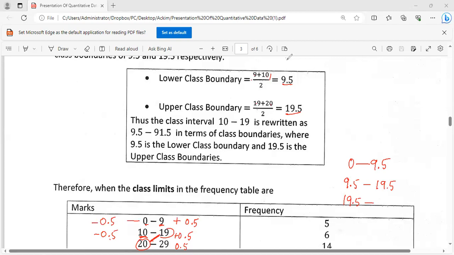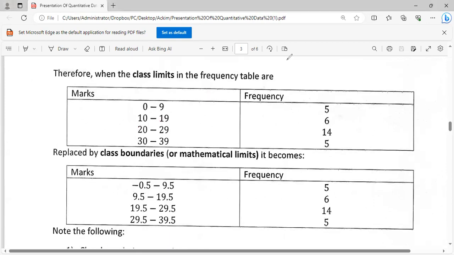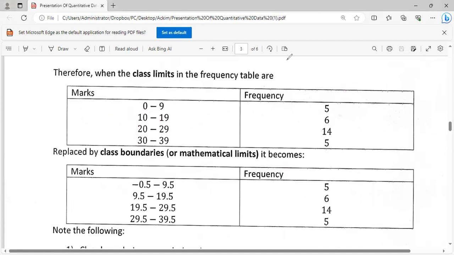So you find that if you want to convert the class limits to class boundaries, remember, if this is 9 and that's 10, those are limits. So we are converting limits to boundaries. The easier way is just add plus 0.5. You get 9.5, which is this one. Then on the left, just say minus 0.5.